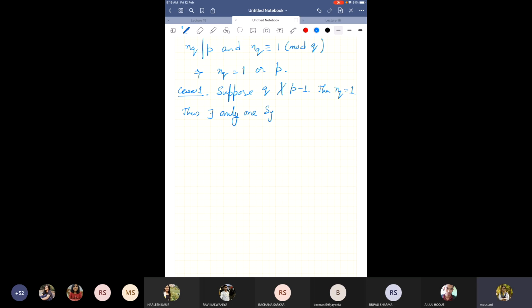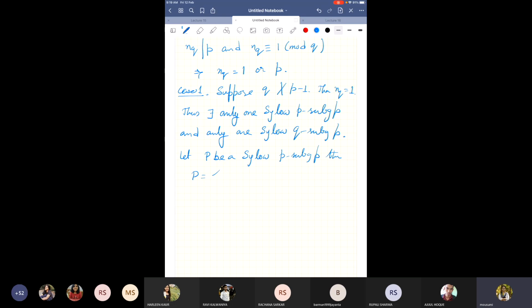only one Sylow P subgroup and only one Sylow Q subgroup. So let P be a Sylow P subgroup. Then what can I say about the structure of P?